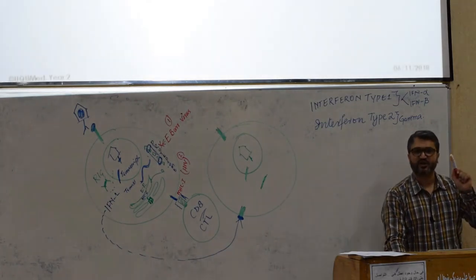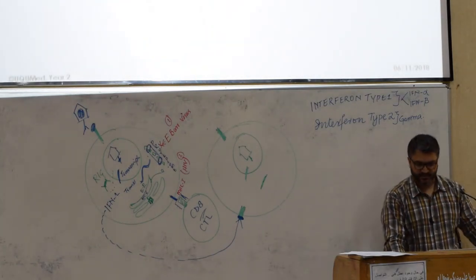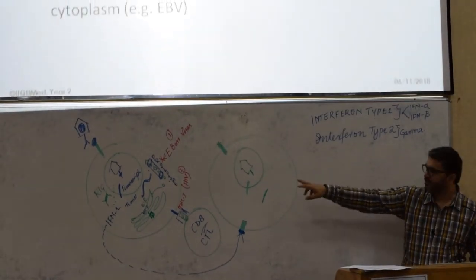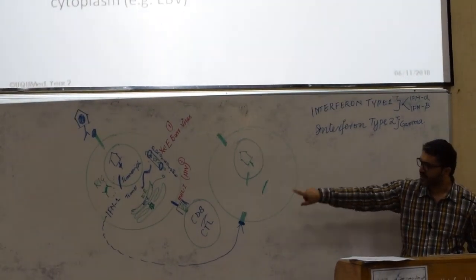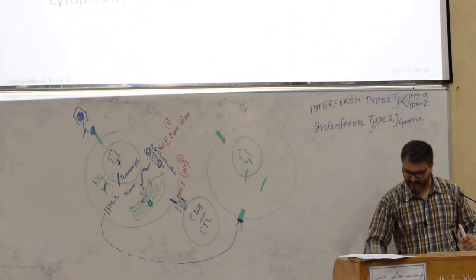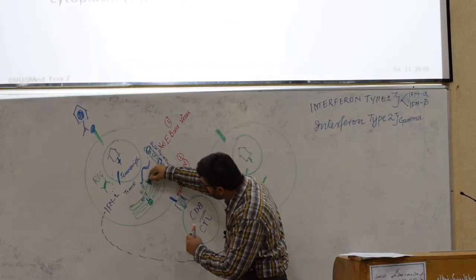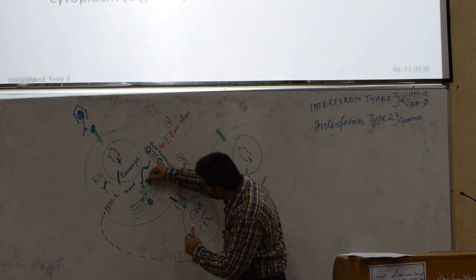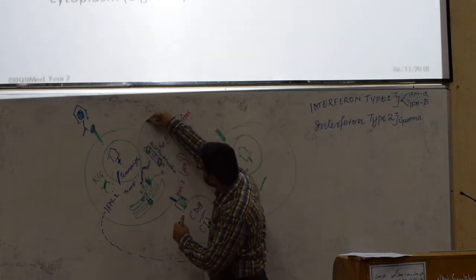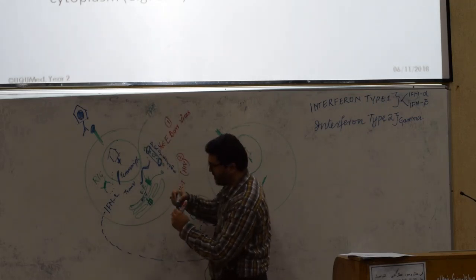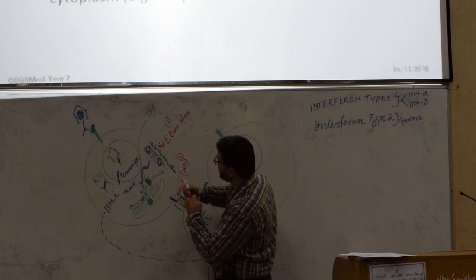So downregulation of MHC class 1 is done by HIV virus. Then the proteasome is blocked, and the protein will not be broken down and will not enter the endoplasmic reticulum. There is a channel here in the wall of the endoplasmic reticulum. It is called TAP, transporter associated protein.